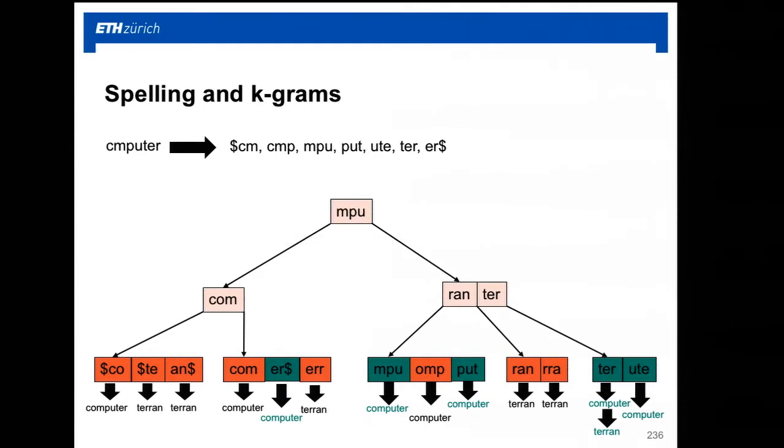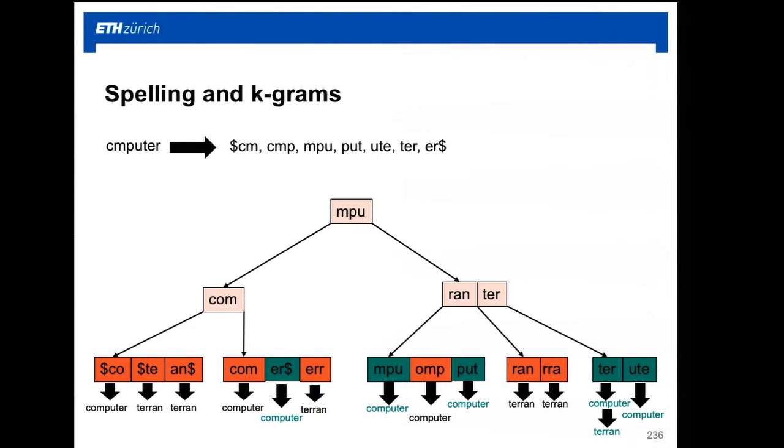You can figure it out here, because you can see that the intersection of the 3-grams between the query here and Terran is just 1, because this is the only one that we have in common, and the intersection with computer is all the ones that are in green. So these you figure out dynamically. And then this here gives you the denominator of the Jaccard coefficient, and this is the numerator.